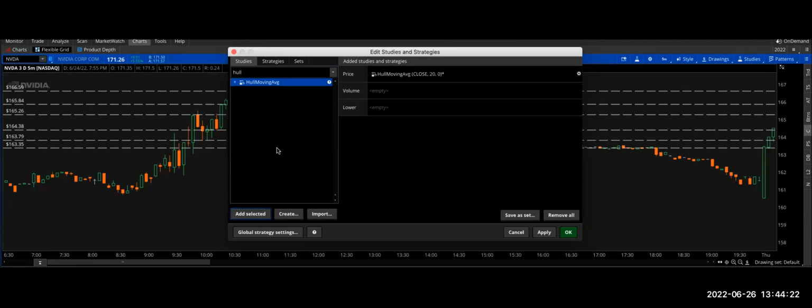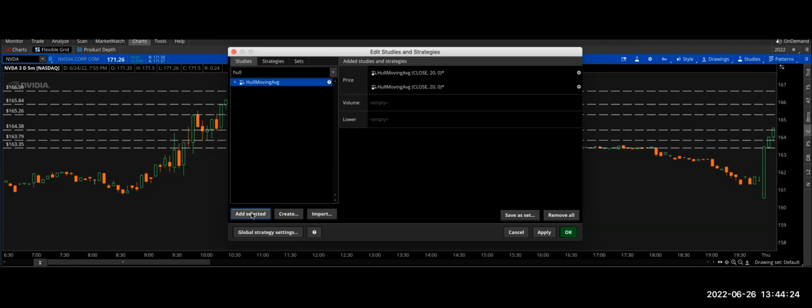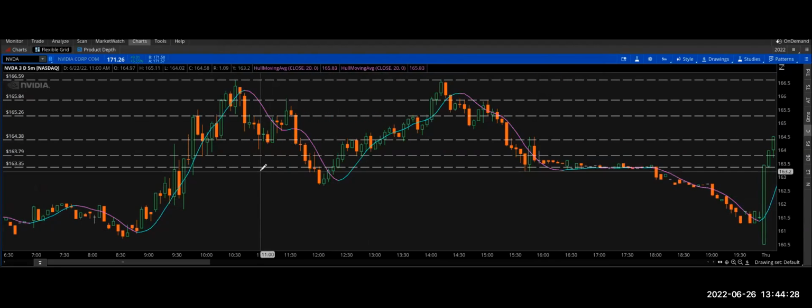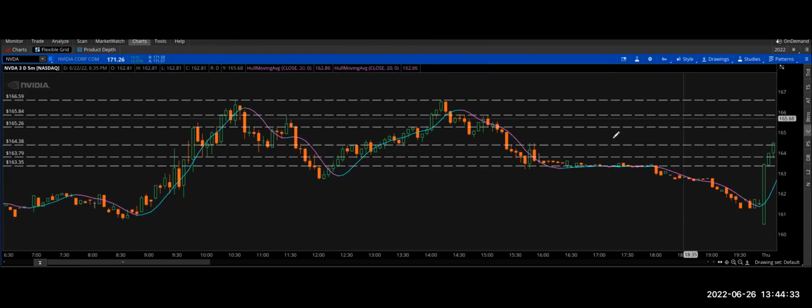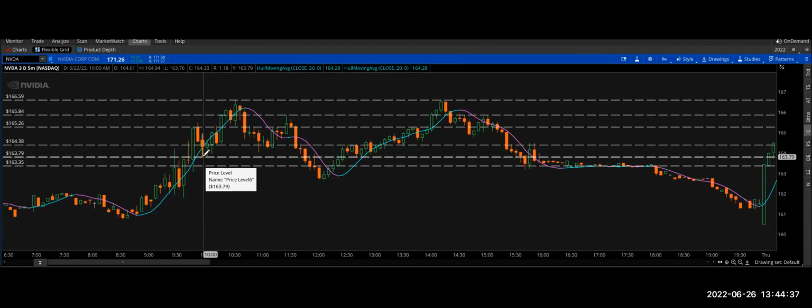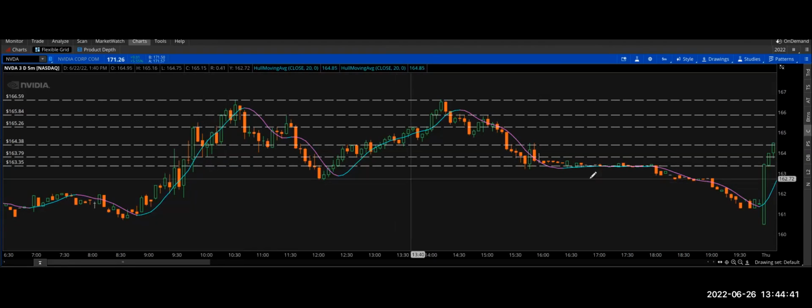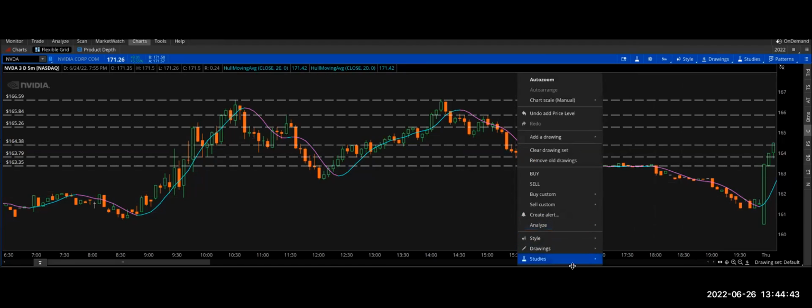I use the 20 and I use the 200 moving average. Right, this is support and resistance, but adding on the moving averages. Oops, let me fix this.